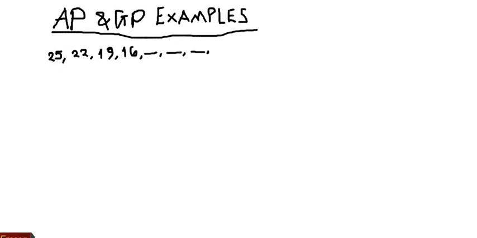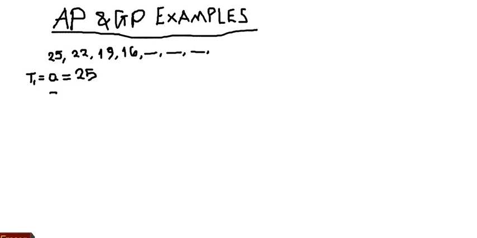So there is a common difference d. So in this particular sequence, our first term, which we can call T1, which we can call a, the first number in the sequence, is 25.